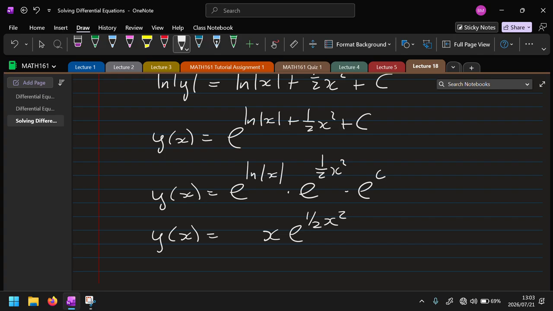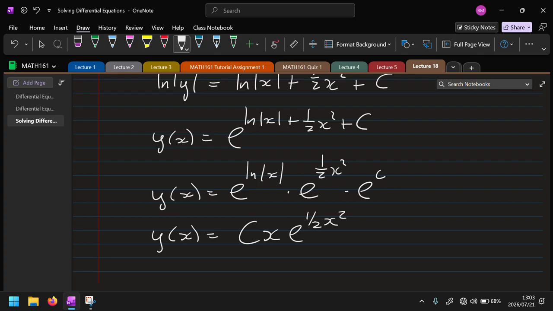Okay, and this e to the c, like we did before, a constant times a constant is a constant. E to the constant is also a constant. So we could rename this to just c. That would be fine. Like that. But typically, for whatever reason, e to the c is given the name a. It's just the name, doesn't mean anything.